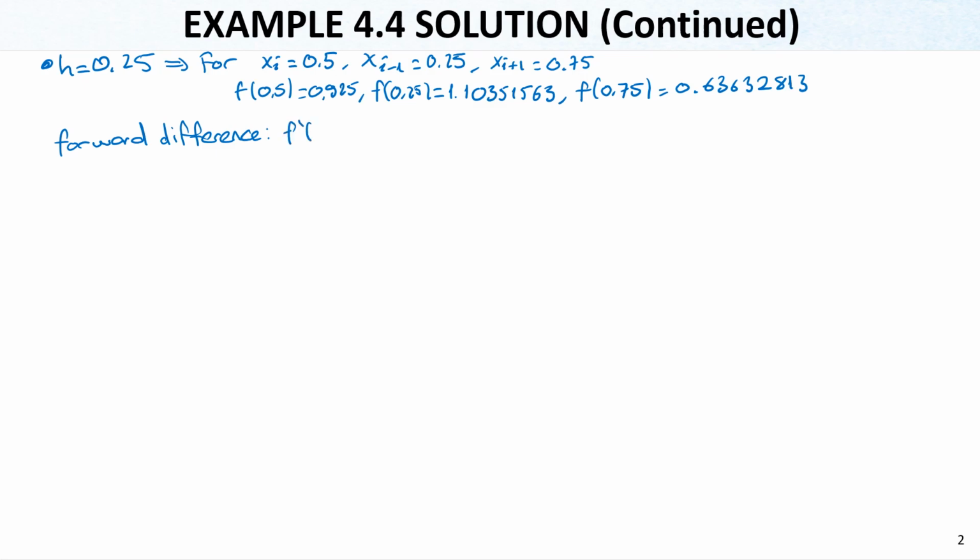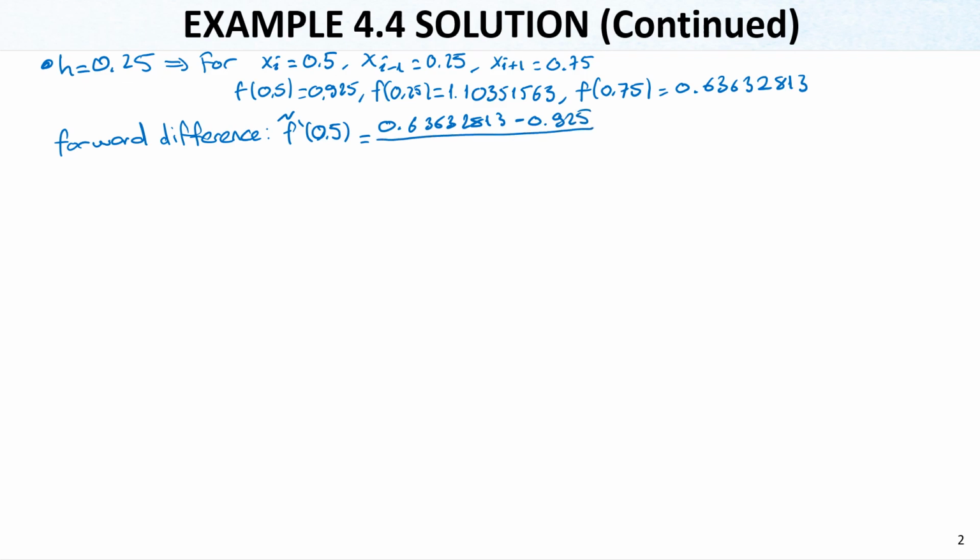So let's calculate the forward difference. For the forward difference, f prime (0.5), we want to predict this, and it is just the difference between the xi plus 1 function value and the xi function value. Let's write it down: 0.63632813 minus 0.925 divided by the step size.